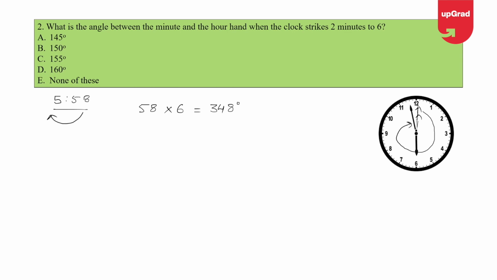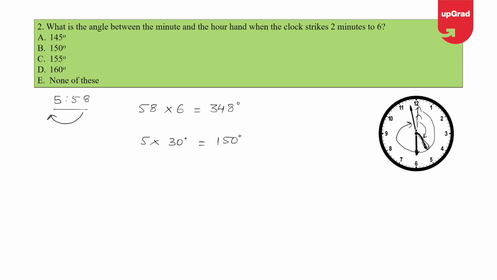Now let's talk about the hour hand. The hour hand would have traveled till 5 first of all, which means from here to here it traveled for 5 hours, and every hour it is 30 degrees because the hour hand travels 30 degrees every hour. But as we can clearly see, the hour hand is not going to be at 5.